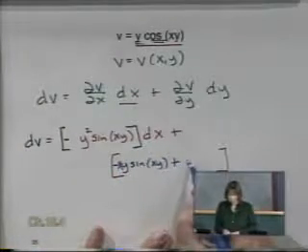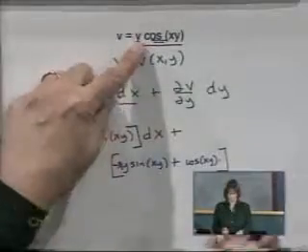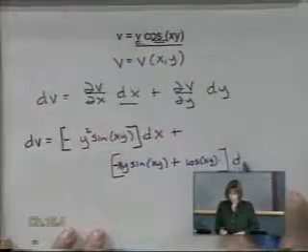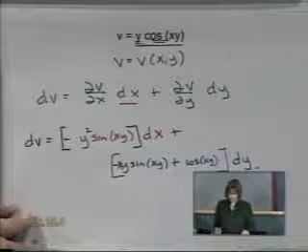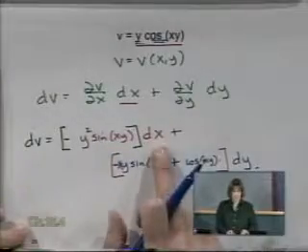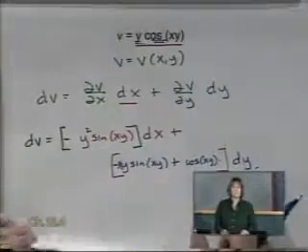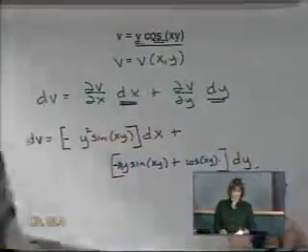Plus the second, which is cosine of xy, times the derivative of y with respect to y, which is 1. Don't forget your dy. Okay. So it's the partial with respect to x times dx plus partial with respect to y times dy. It's imperative that you don't forget that dx and that dy piece.